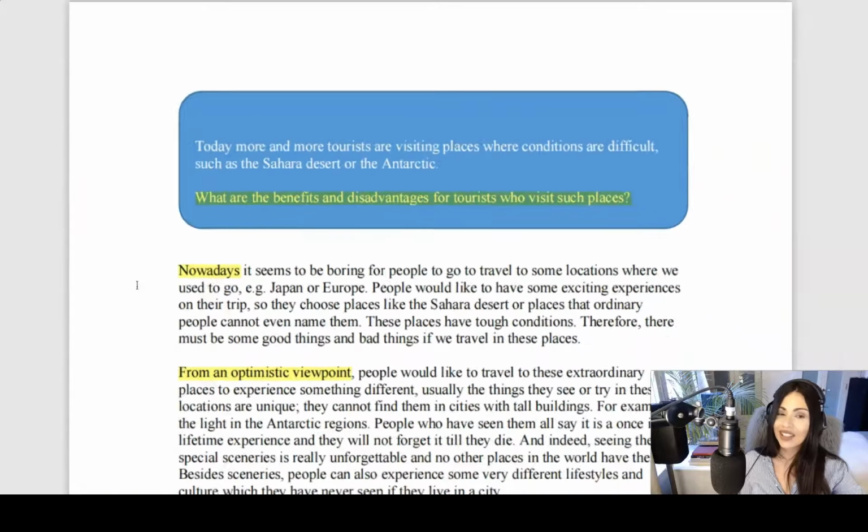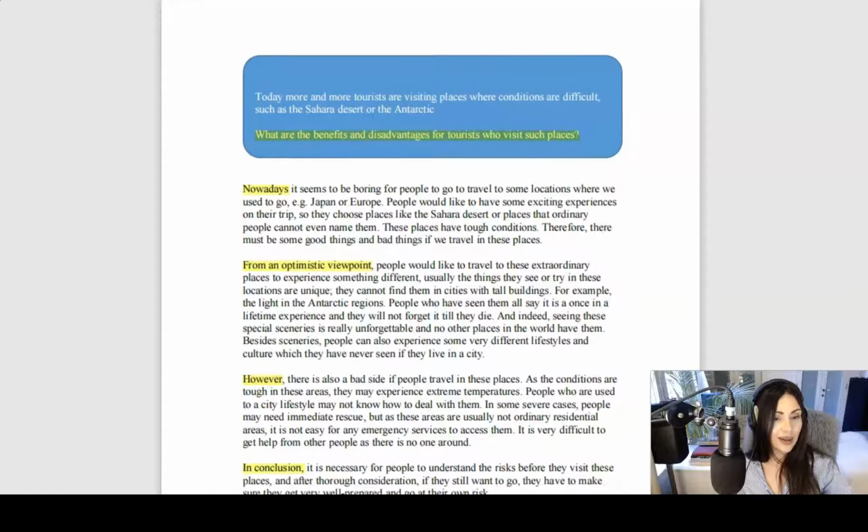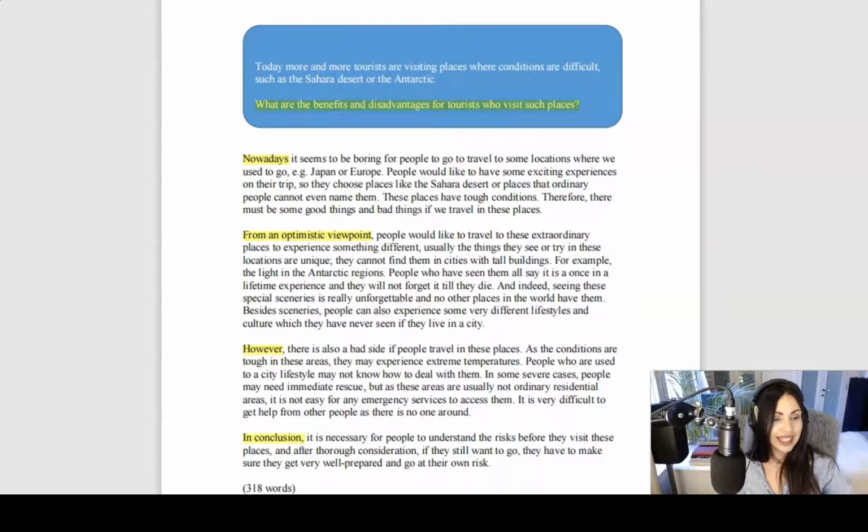And now let's have a look at an essay that was written by this particular student, this particular candidate. Okay, so what you're looking at is actually the edited version, the corrected version of the original sample essay.